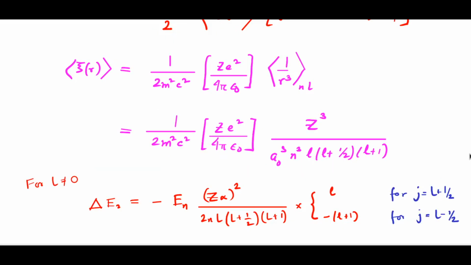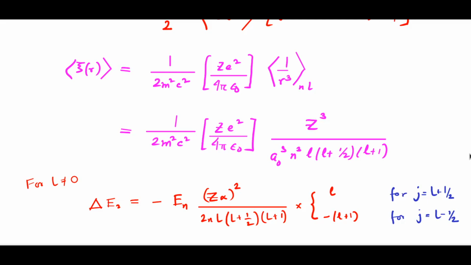Now, as I have mentioned already, for the Kepler potential, xi r is given by 1 by 2 m square c square times Z e square by 4 pi epsilon 0 times 1 over r cube. So what we need to do is calculate the expectation value of xi r, and that involves the calculation of the expectation value of 1 by r cube in a state which is labeled by n and l.